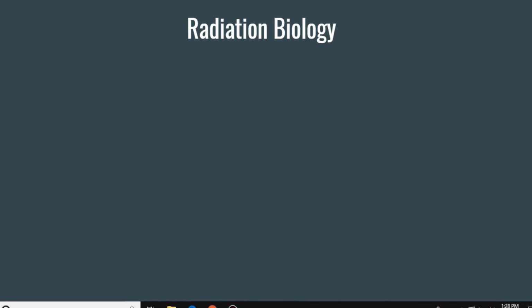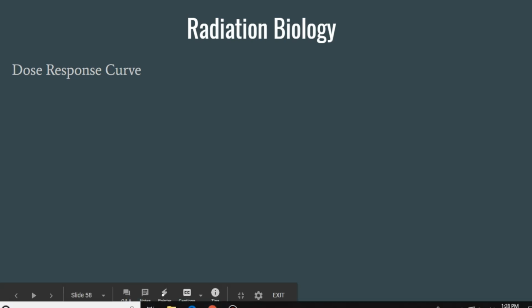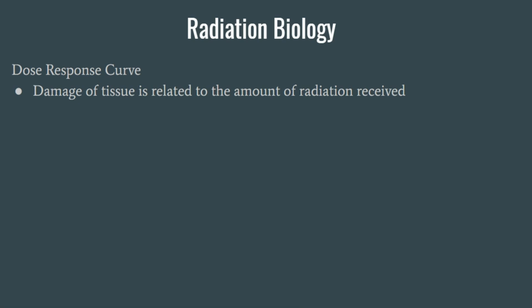There are some guidelines that go along with that, so the answer is of course. And to understand that, we have something that is called the dose response curve. Basically, what this means is that the damage of tissue is related to the amount of radiation received. So there is a response to the dose of radiation that the body receives.